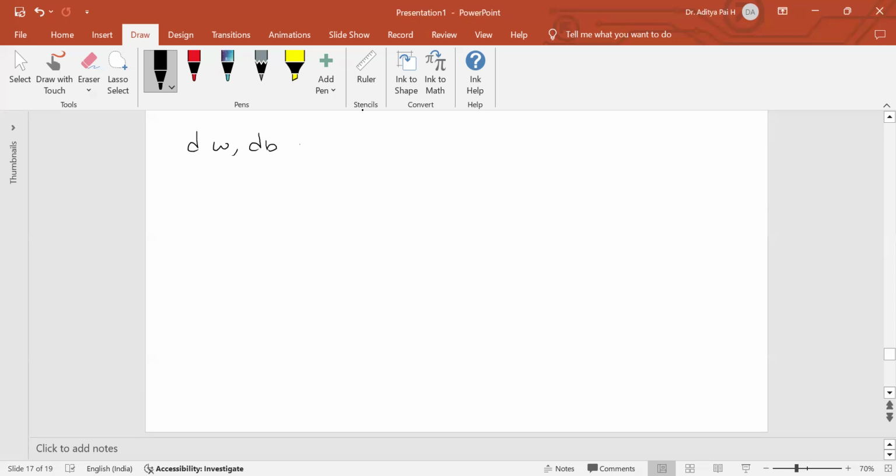So we have to compute how much change has taken place in the horizontal and how much in the vertical direction. So this dw and db is computed on the current mini batch.